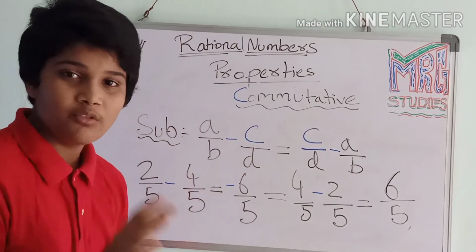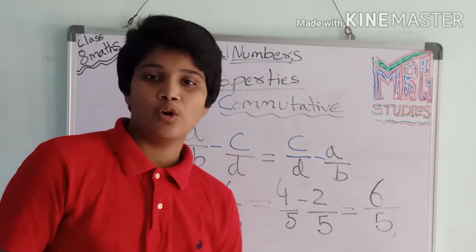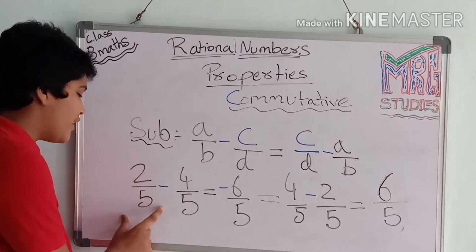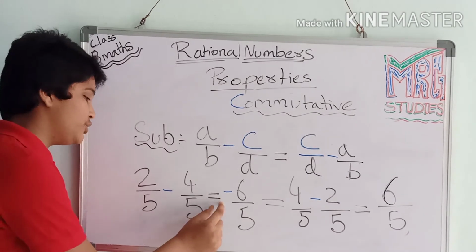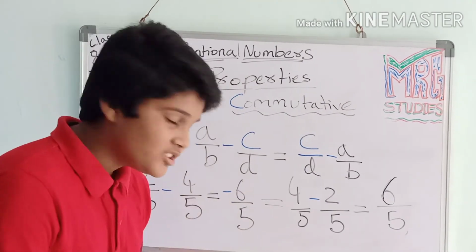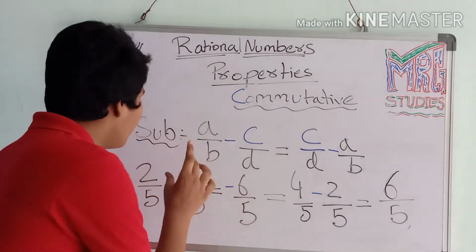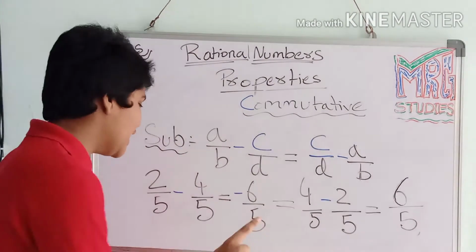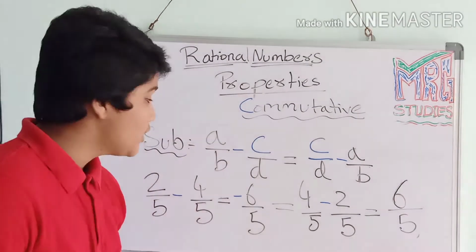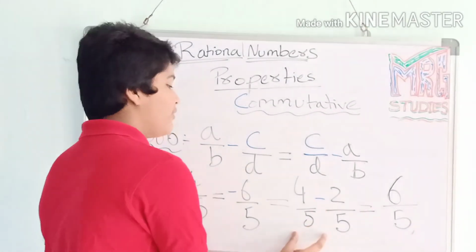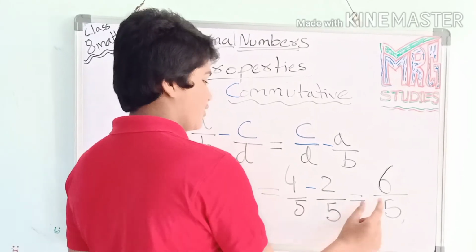Now we will check whether it is verified or not. See here, 2 by 5 minus 4 by 5 equals minus 6 by 5, means this minus is because the 4 is a bigger number than the 2. That's why I kept minus here. Now see here, 4 by 5 minus 2 by 5 equals 6 by 5.